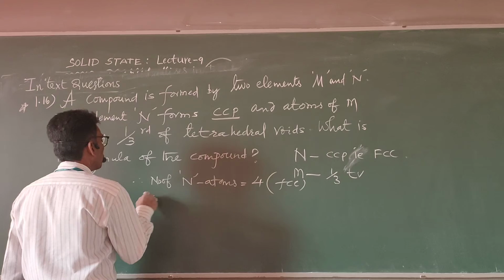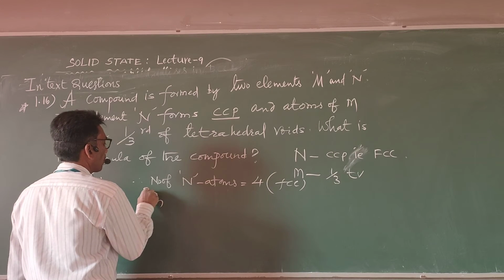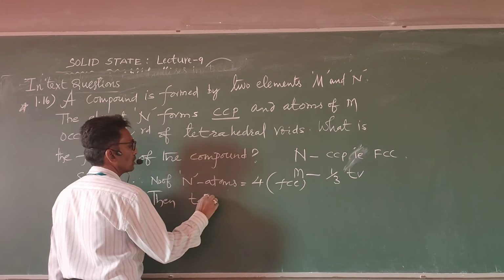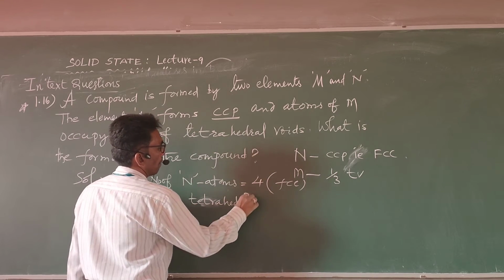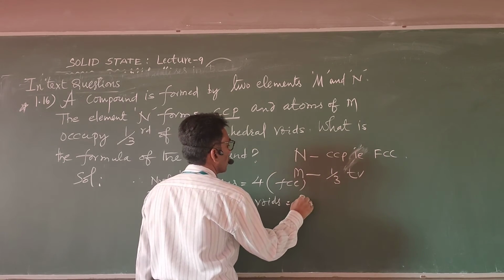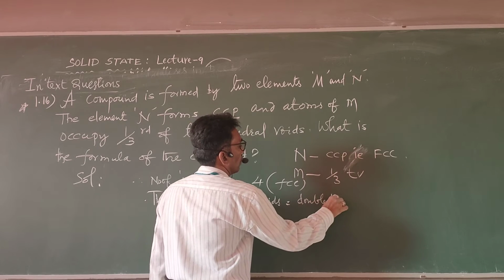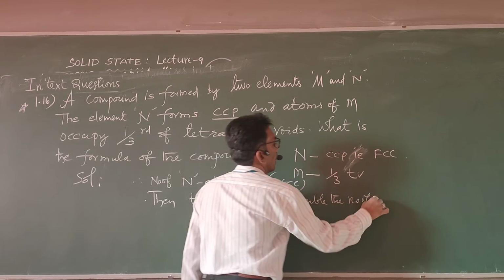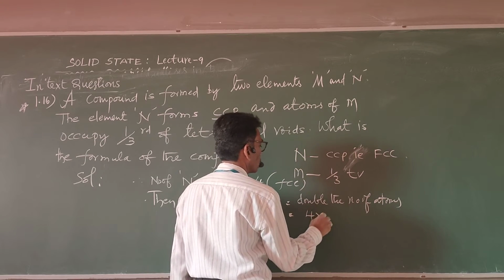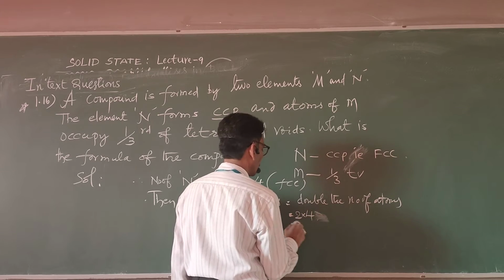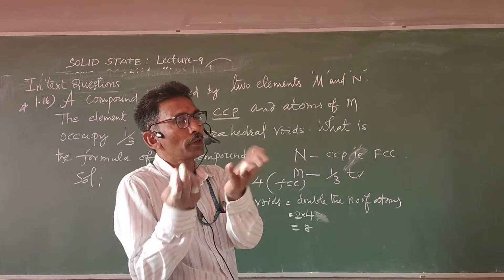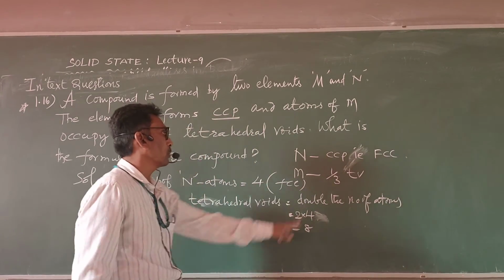Then tetrahedral voids, possible voids are double the number of atoms, so that is equal to 4 into 2, 8. But all tetrahedral voids are not occupied, only a few are occupied. How many? 1/3 occupied.